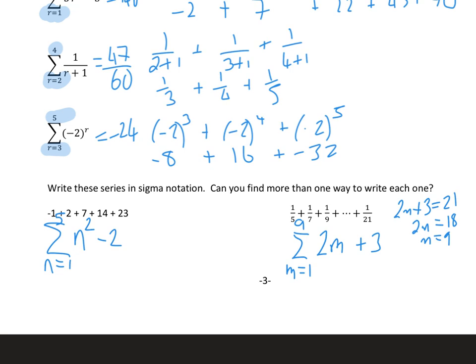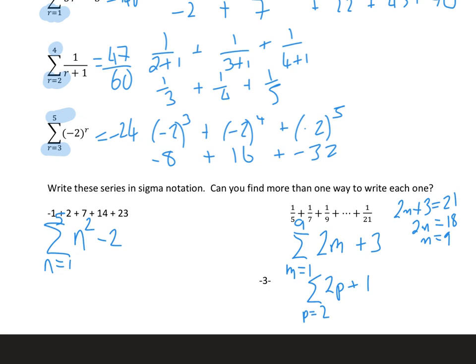Equally, though, I could have used the mth term 2p add 1. Now that will work if I start with p is 2. Because if I sub in 2 into there, I would get 4, add 1, which is 5. If I sub in 3, I get 6, add 1, which is 7. If I sub in 4, I get 8, add 1, which is 9.